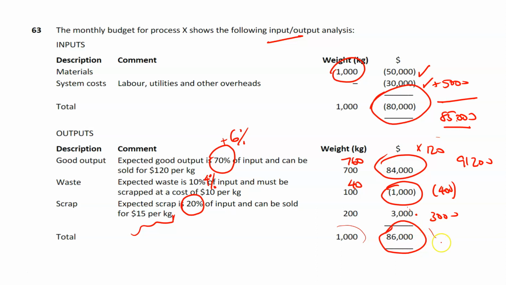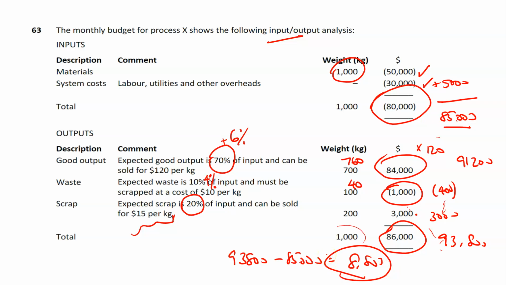And I have new outputs of 91,200 less the 400 plus the 3,000, and that's 93,800. Have I got that right? Let me just check my calculations. 93,800. That's correct. So now my new profit is 93,800 minus 85,000, which is 8,800.